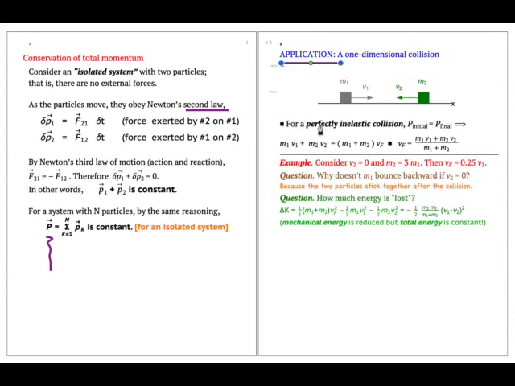Now, for a perfectly inelastic collision, the total momentum is conserved. So capital P initial, that's P1 plus P2 before they collide, must be the same as capital P final, P1 plus P2 after they collide.